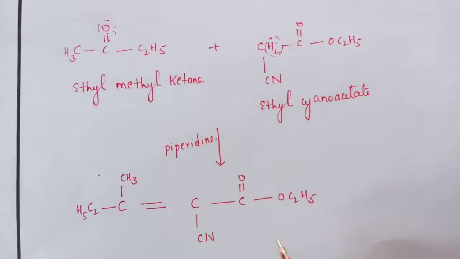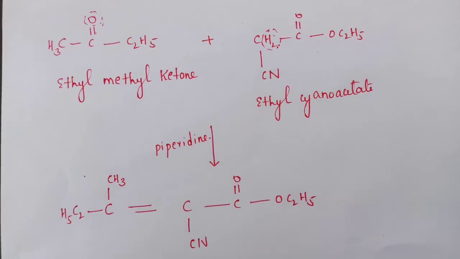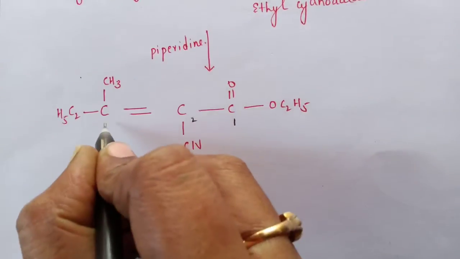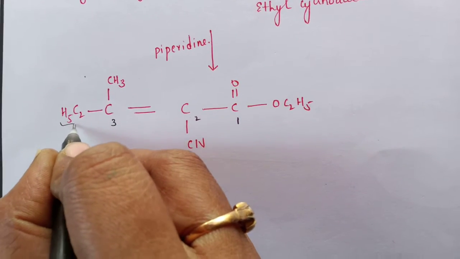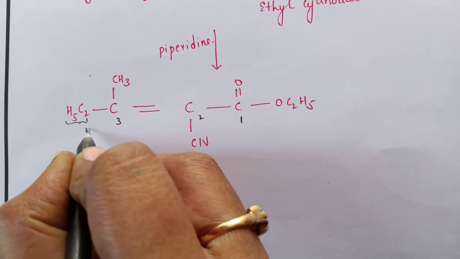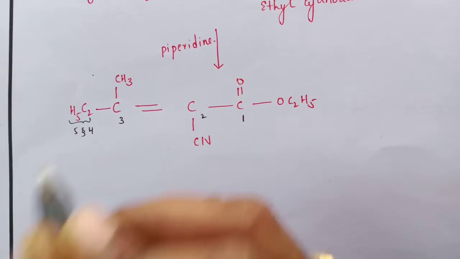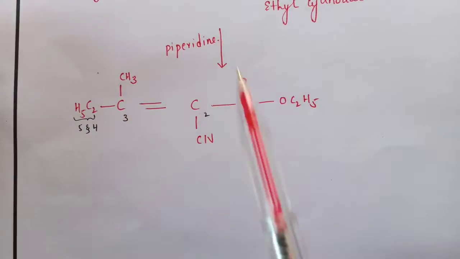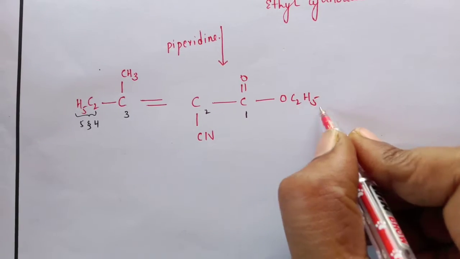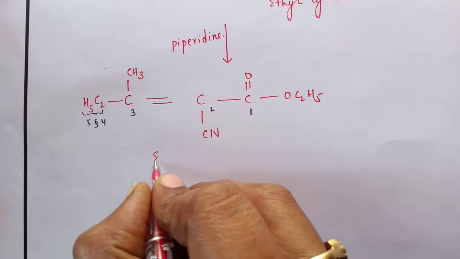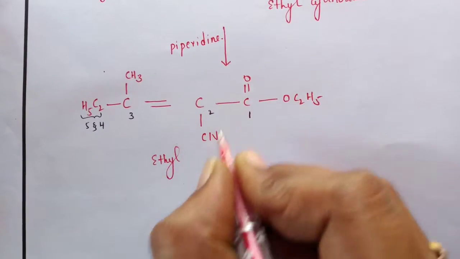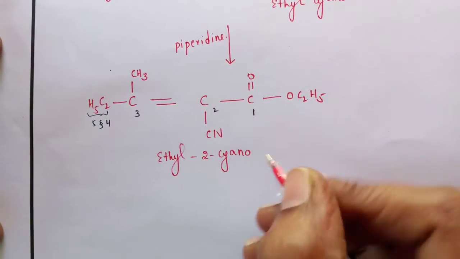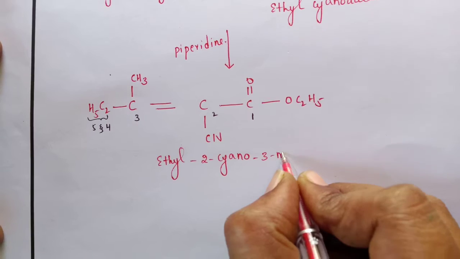And how do we write the name for this molecule? The carbonyl carbon we write as 1, 2, 3, and the ethyl consisting of 2 carbon atoms as 4 and 5. This is the numbering for this molecule. Always, the ester is in the form of ethyl. First ethyl, at the second position cyano, at the third position methyl.